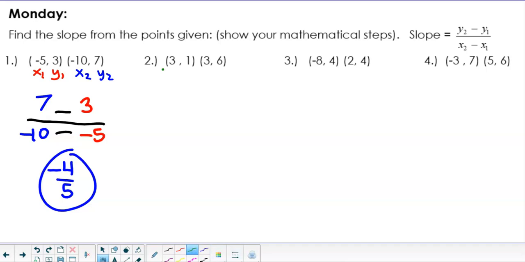Let's do the next problem. Again, I'm going to label my x1 and y1 and my x2 and y2s. Set up my giant subtraction fraction and then compute y2 minus y1 and x2 minus x1.